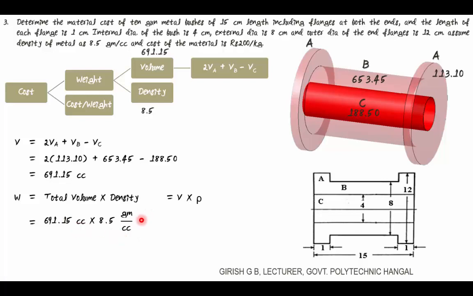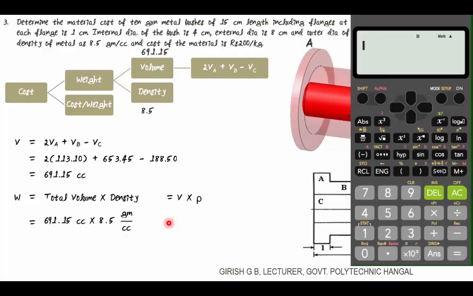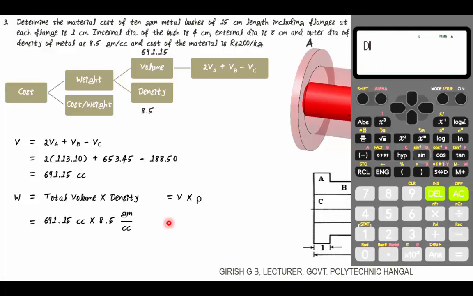The cc gets cancelled, we remain with grams. 691.15, that is alpha D, into 8.5, gives 5874 grams, divided by 1000, it will give us kgs. 5.875 kgs. Let's store this value to E.